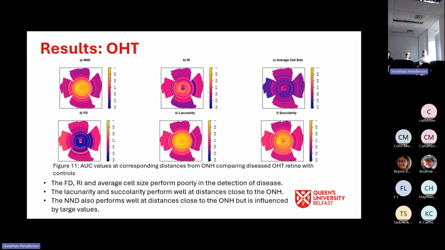And then our circularity and lacunarity perform particularly well in our central retina region. And our nearest neighbour distance actually did quite well, which is not what we had expected to see. But when we looked at our regularity index, we found that it didn't perform as well, which may suggest that it was influenced by larger values, but I'll look at that a bit later on.